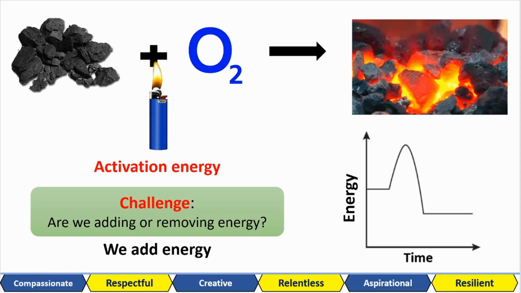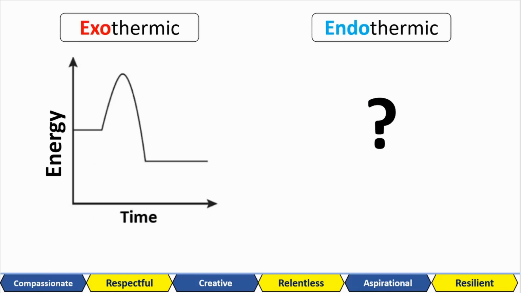The products still have less energy than the reactants. Alright then, if this is the reaction profile for an exothermic reaction with its activation energy shown here, I would like you to just picture in your mind, or if you've got paper at hand, draw what an endothermic reaction profile would look like with the activation energy.